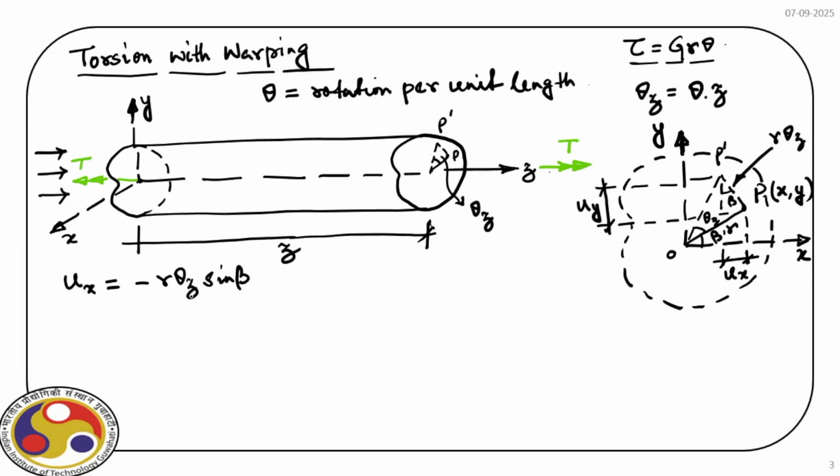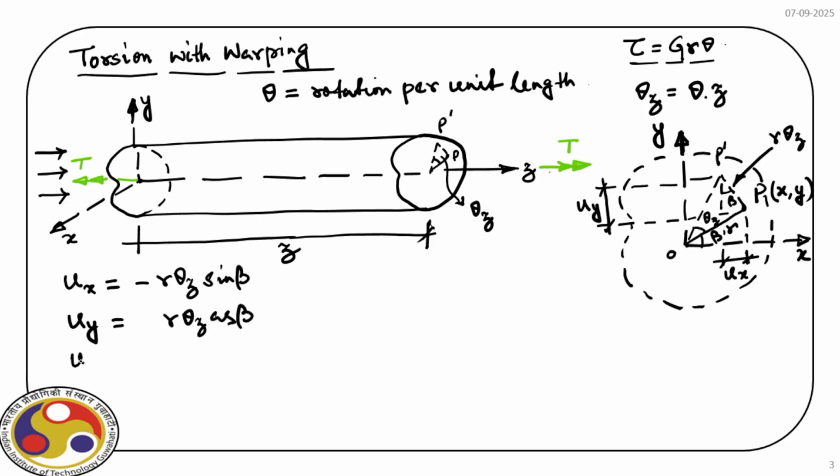In place of theta z, we can write theta times z as per definition, that we'll do in a minute. But let us also identify uy. uy is r theta z cos of beta.